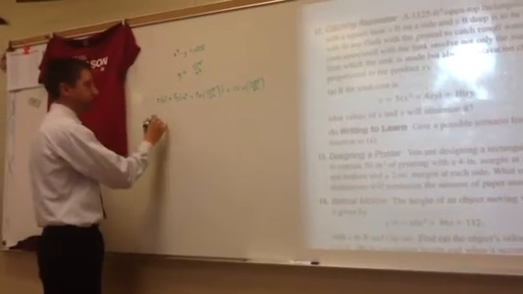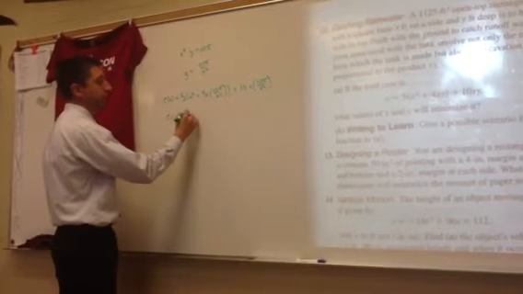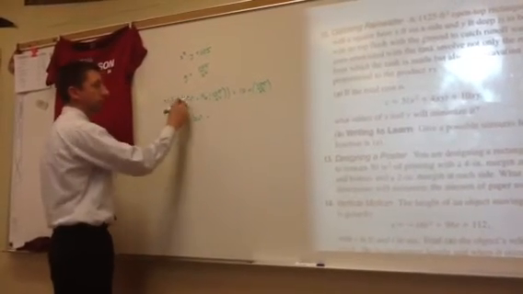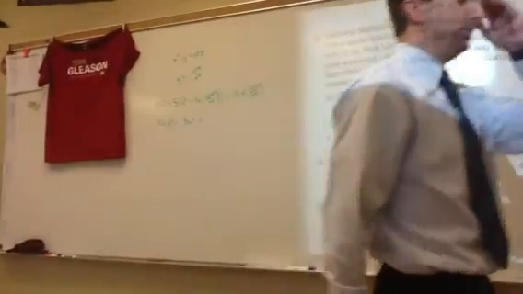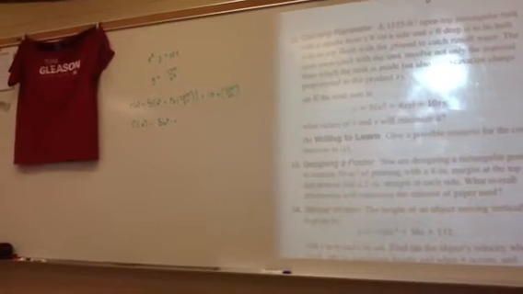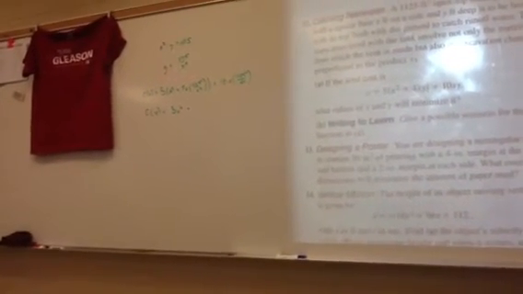So cost is equal to 5X squared plus 4 times 5 times 1125, 20 times 1125. I probably should be able to do that in my head, but it's Monday.